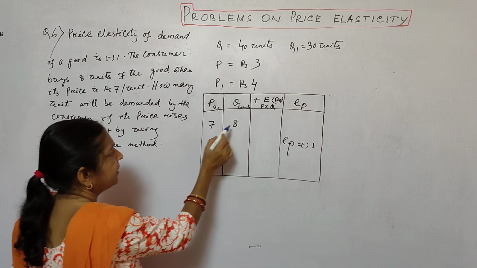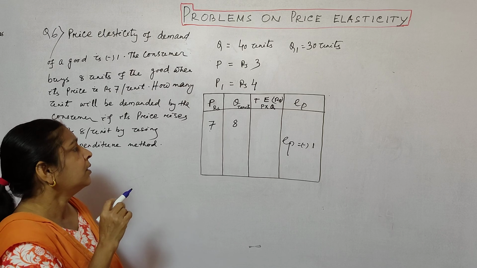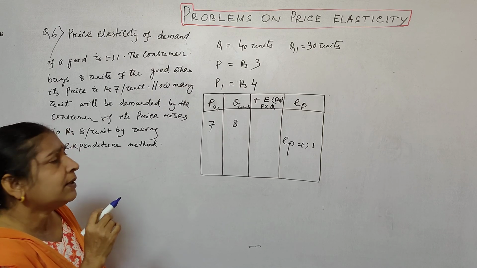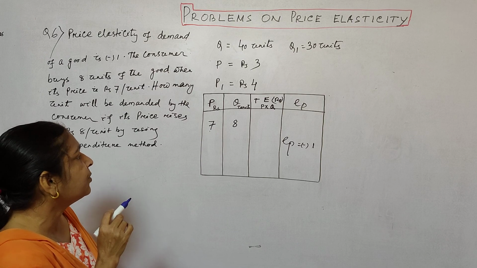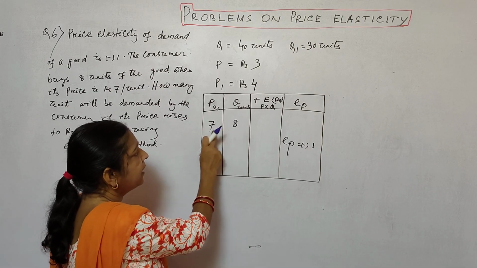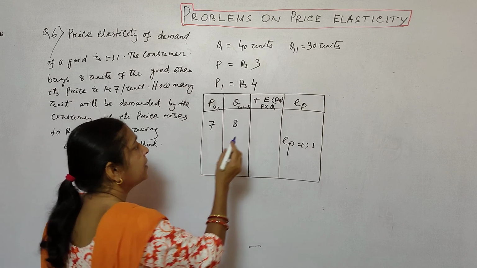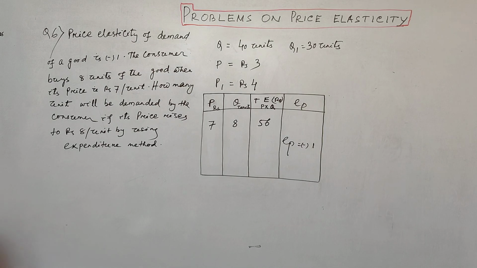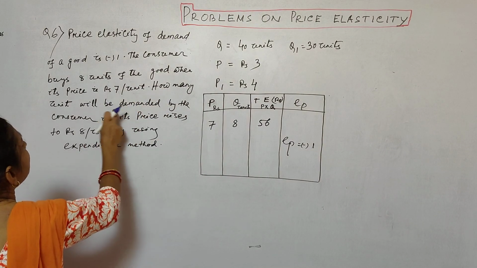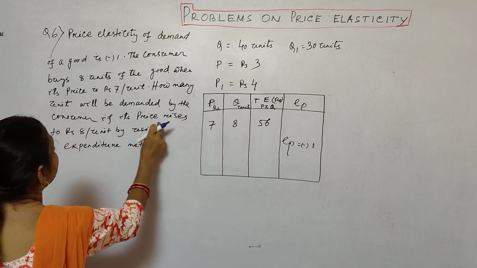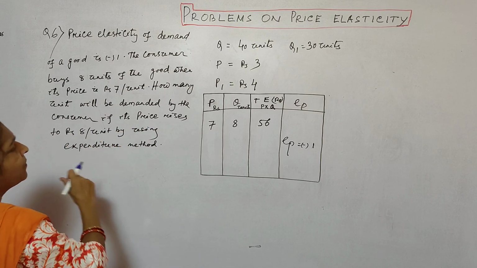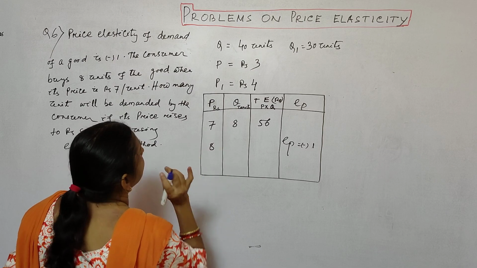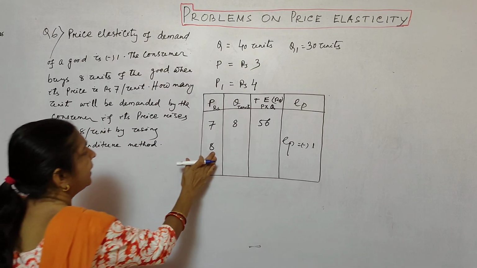This is price, this is quantity purchased by the consumer. Now what will be the total expenditure incurred by the consumer by purchasing 8 units of the commodity at a price of rupees 7? Now the total expenditure is rupees 56. Now how many units will be demanded by the consumer if its price rises to 8? Now the final price is 8. So price increases to 8.